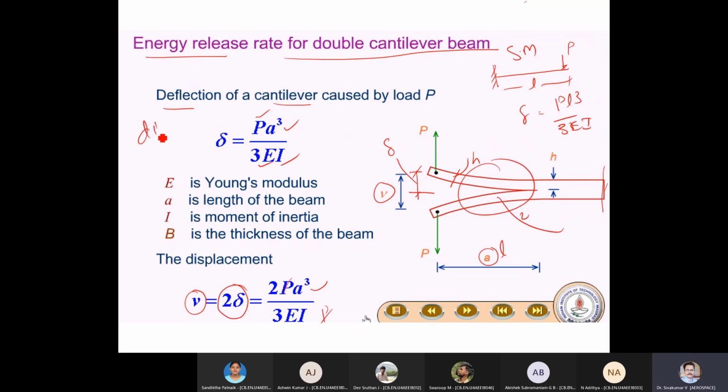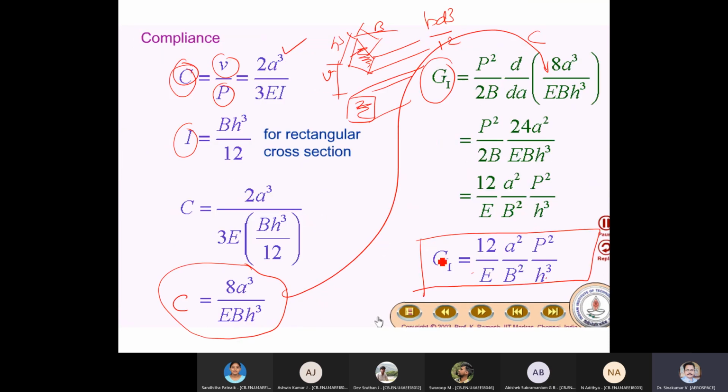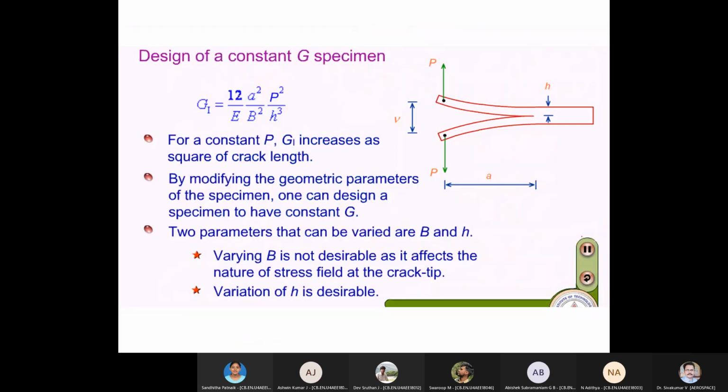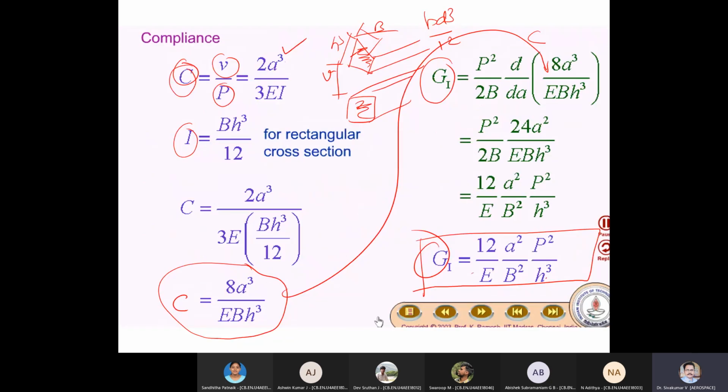All I know is dPi by dA, which is G. Now I am able to get it only in terms of material constants. This is through the compliance approach. We got it.